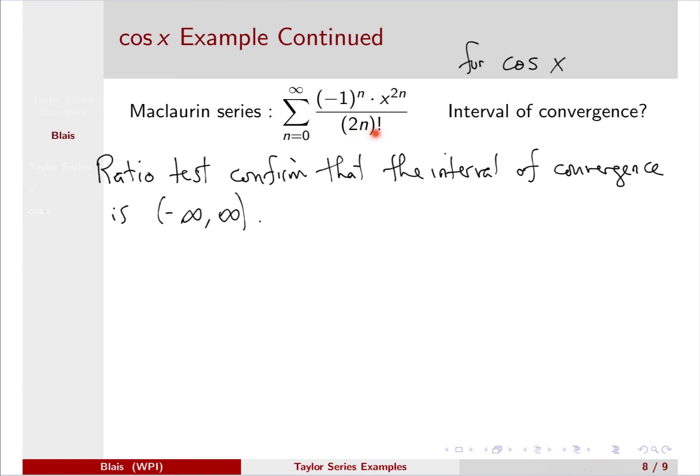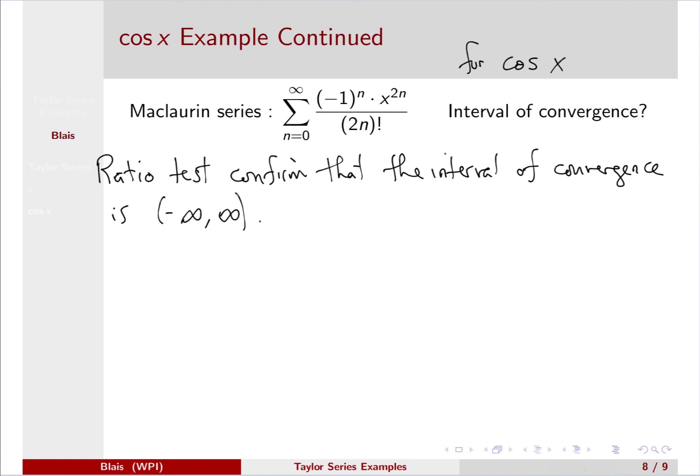You have a factorial term in the denominator and a polynomial term in the numerator. And the factorial term races to infinity so much faster than this polynomial term, it doesn't matter what x is. This 2n factorial is racing to infinity so fast that these terms overall are racing to 0 really fast. Fast enough that it doesn't matter what x you put in, you will always get a convergent series. And again, you can check that with the ratio test.